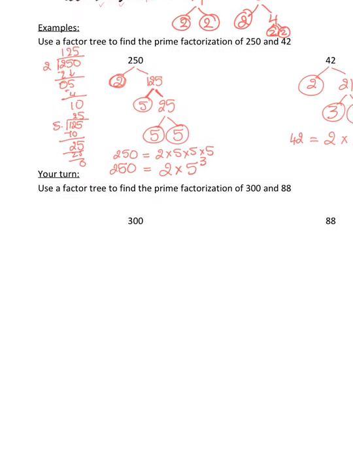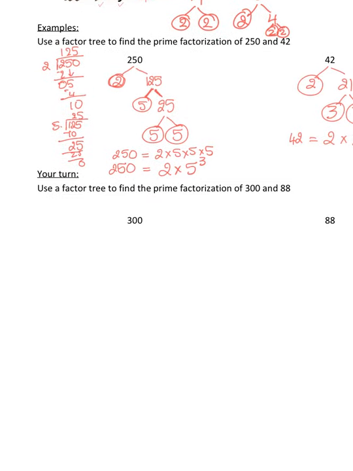Alright, let's try 300 using a factor tree. 300 is divisible by 2. If I take 300 divided by 2, I will have 150. And 150 is still divisible by 2.